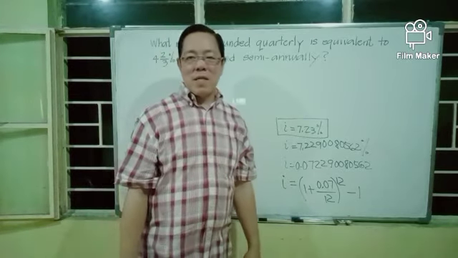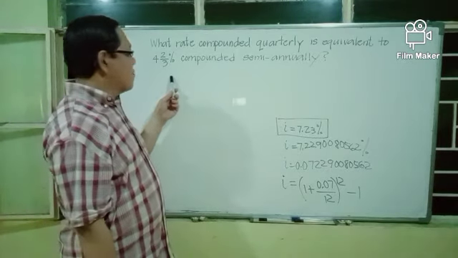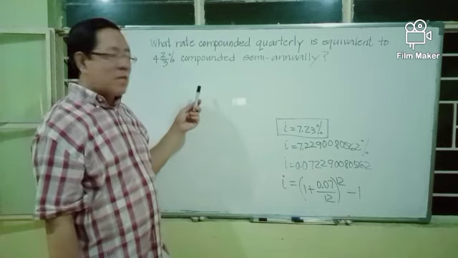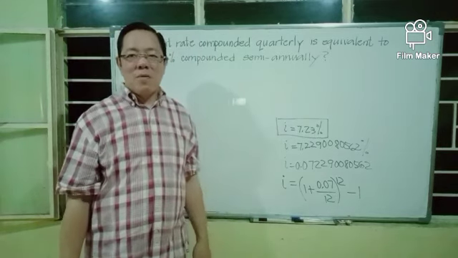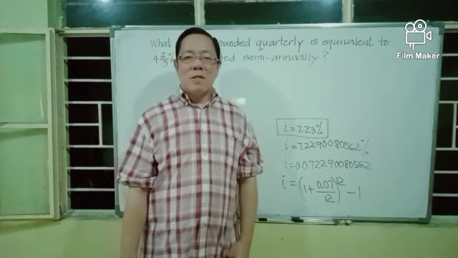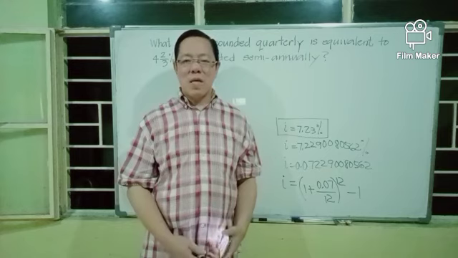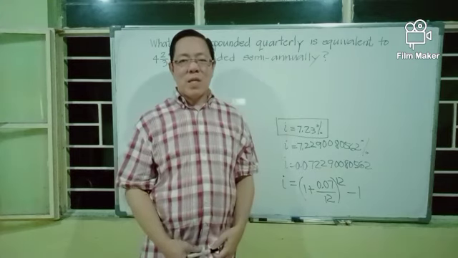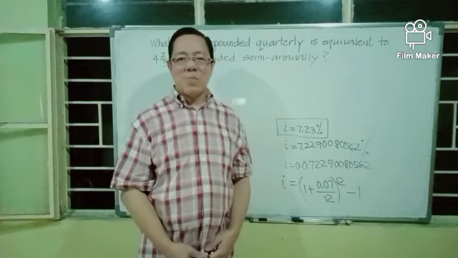And the given interest rate is also a compound interest rate of 4 2/3%, but it is compounded semi-annually. So for this problem, we would only use the formula for the accumulated value at compound interest rate. We start with the given compound interest rate of 4 2/3%.